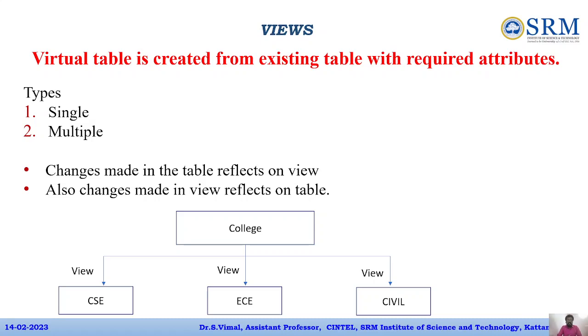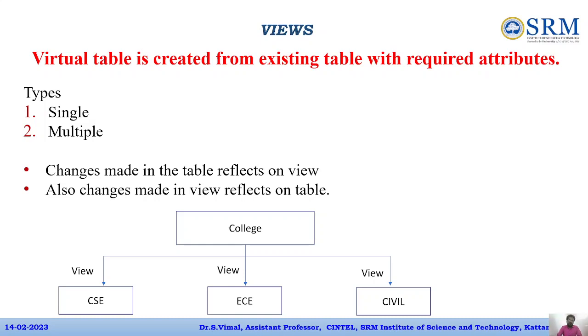Like that, in a table also we can create another table, called a virtual table, from an existing table. This new virtual table may have whatever required attributes we need, and we can store them in that virtual table. This is what the view table tells.